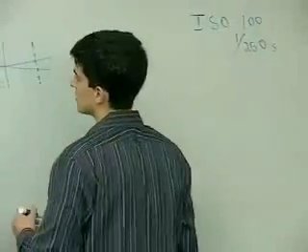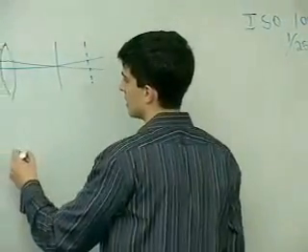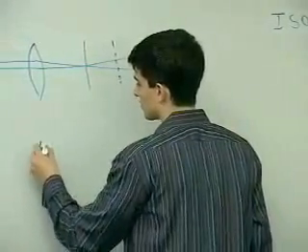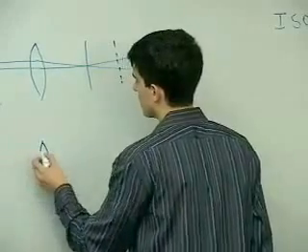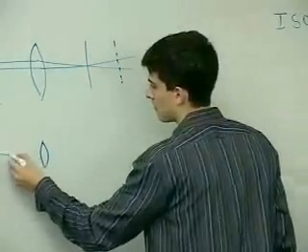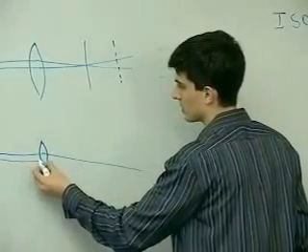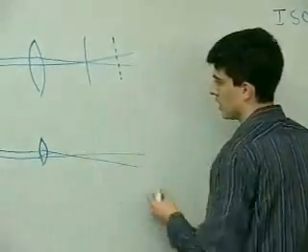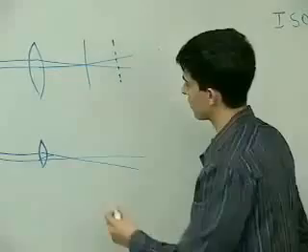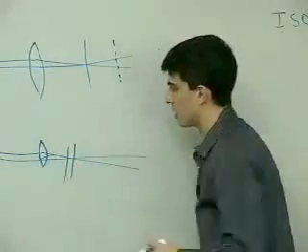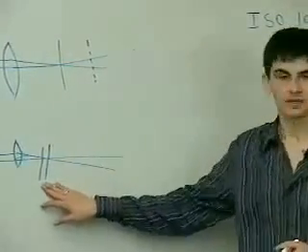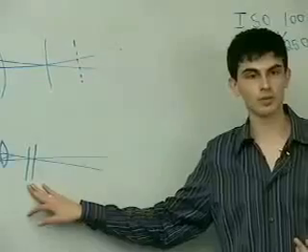But let's consider then that we have a much smaller aperture. So now when we have rays come in, they're much more elongated. Oops. And since it's narrower here, we actually have a wider spot that will appear to be sharp.